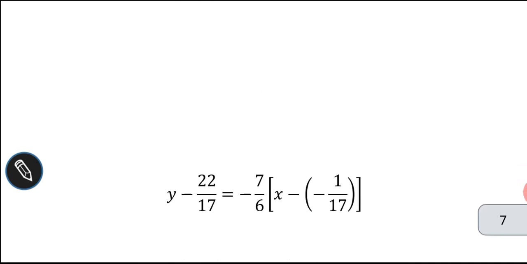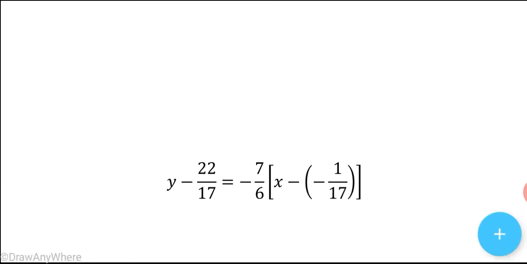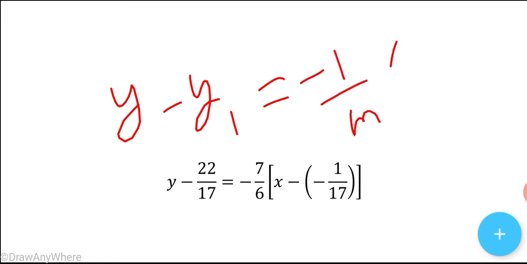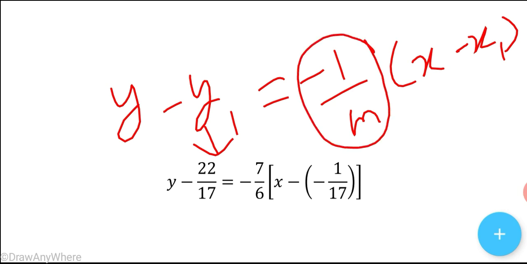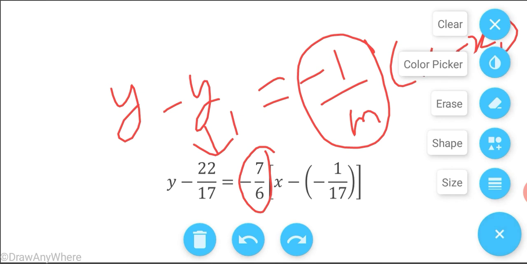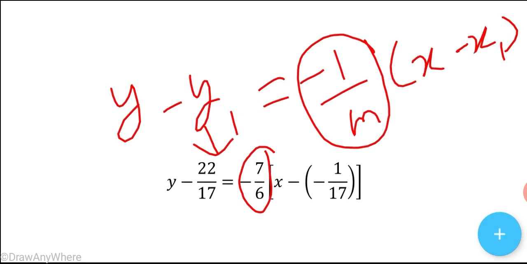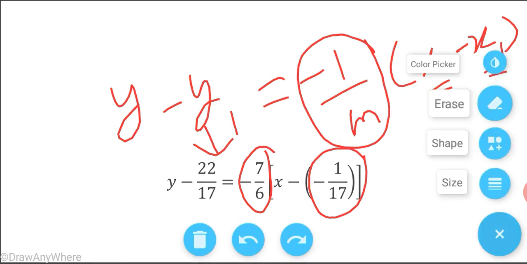Just plug in the values. y minus y1 equal to minus 1 by m into x minus x1. The value of y1 is 22 by 17, the value of minus 1 by m is minus 7 by 6, and the value of x1 is minus 1 by 17.